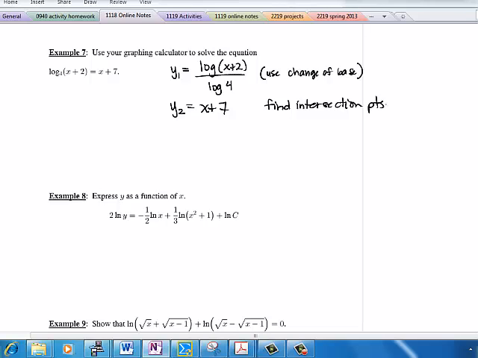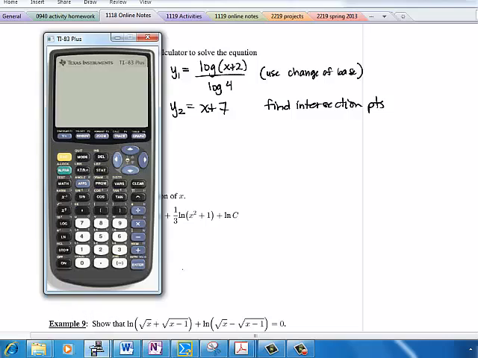So let's go ahead and graph those. So log of x plus 2 divided by log 4 is one of them, and then x plus 7, that's the other. Let's just do a zoom standard for now.